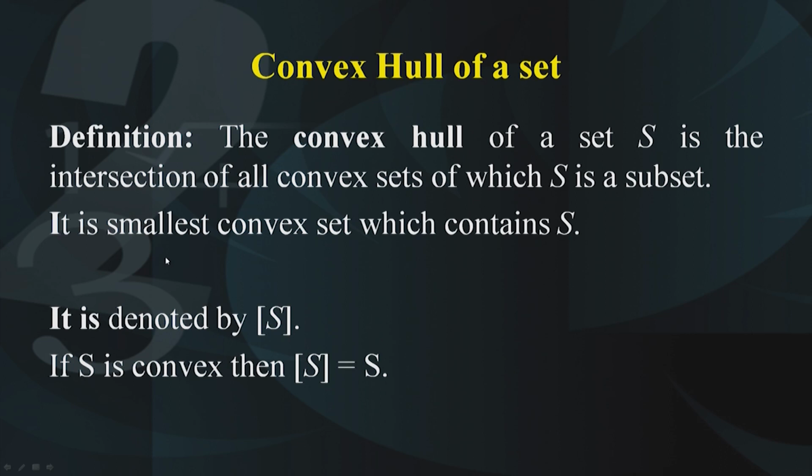It is, in fact, the smallest convex set which contains S. Now, usually the notation for convex hull is written like this, within brackets S. If S is convex, then both of them are the same, that is, the convex hull of S is the set S itself. However, if it is not a convex set, then they are different.